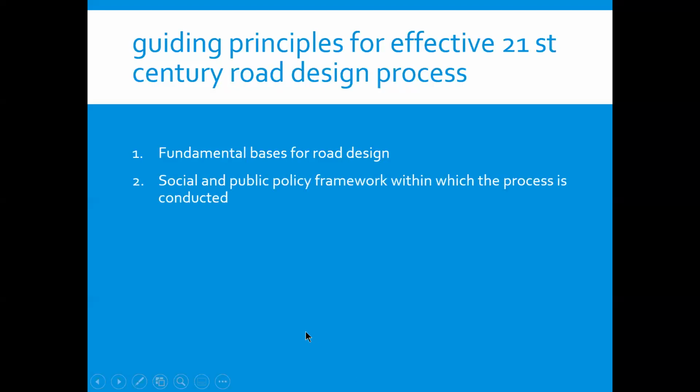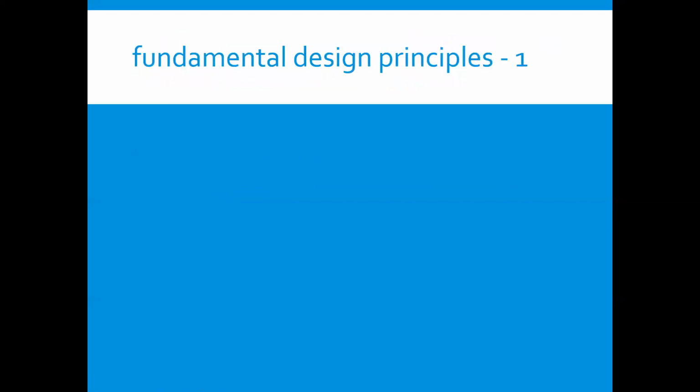Number two, social and political framework within which the process is conducted. Number three, necessary attributes of the effective process. So the fundamental principle, number one, geometric design solution should address objectives, quantitative measures of transportation performance.